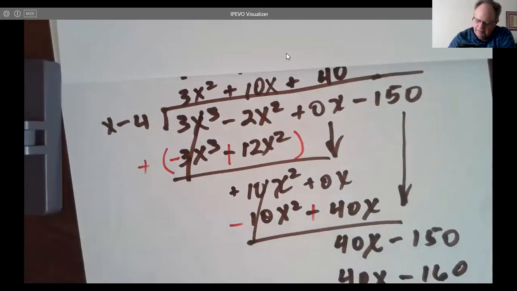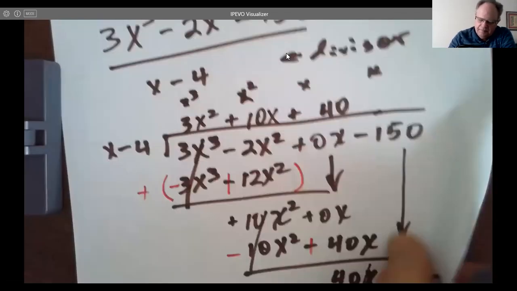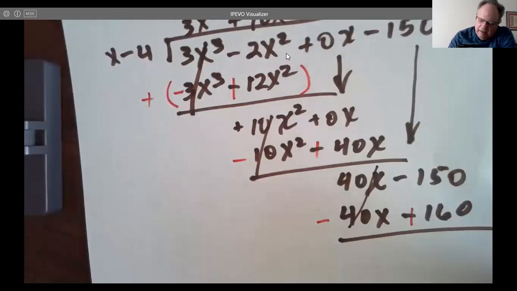What do we do now? We distribute the negative in the bottom row. 40 becomes a negative, 160 becomes a positive. So you got a positive 40x and a negative 40x. They cancel out. And you got a negative 150 and a positive 160. You get a positive 10.